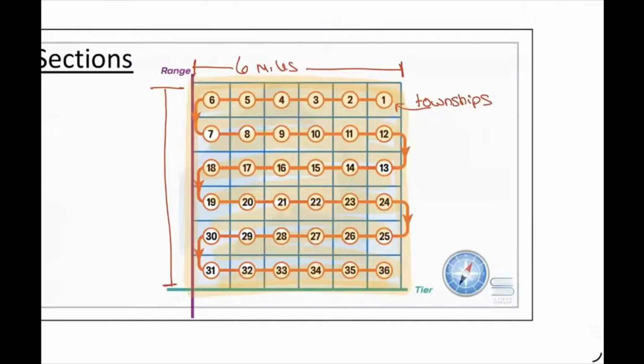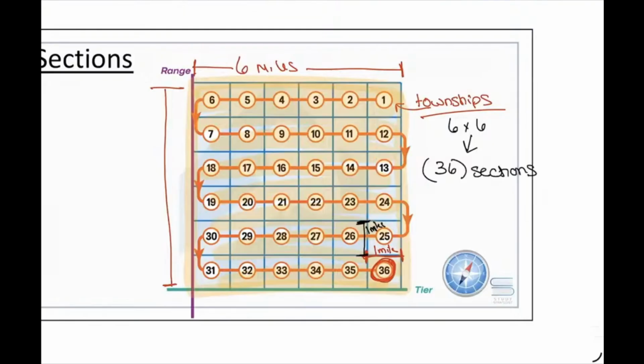That 6 mile by 6 mile thing is a township. And what we're going to do is break it into 36 sections. And each of these sections are 1 mile. So 1 mile from here to here. And they're going to be, it's hard to read, 1 mile from here to here. So you take this 6 by 6 mile township and we split it up into 36 sections.